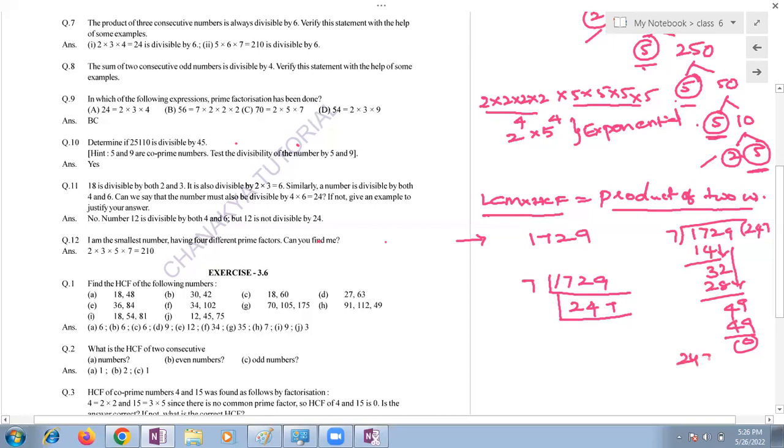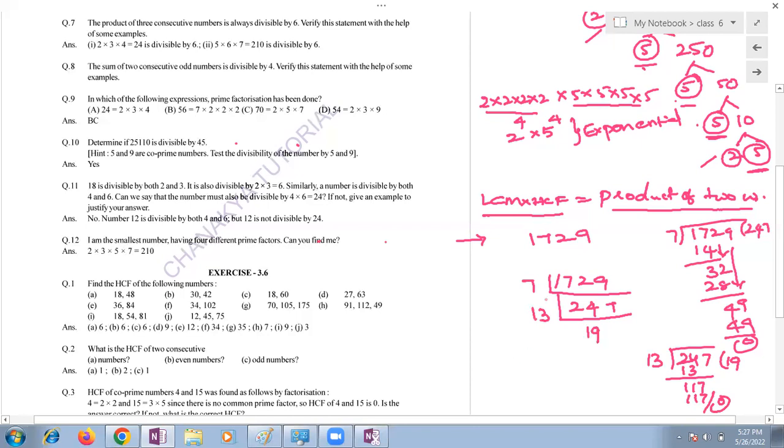247, ma'am, is it divisible? 13 ones are 13. Yes. Now 117 means 13 nines are 117. So it is divisible. Yes, it is divisible. 13 how many times? 19 times.